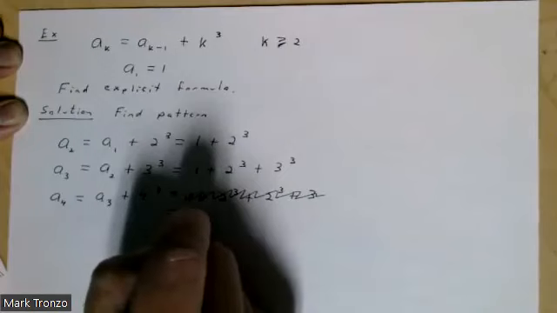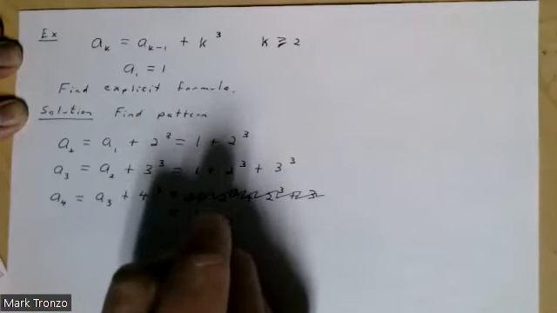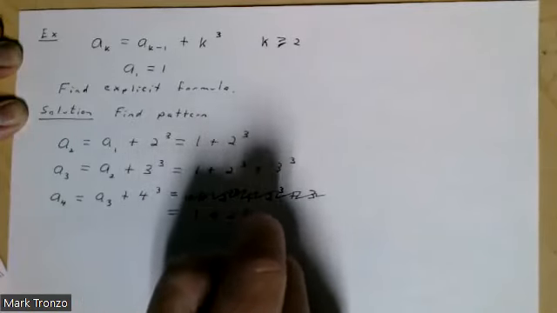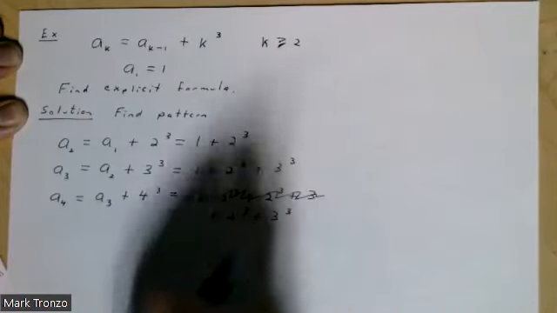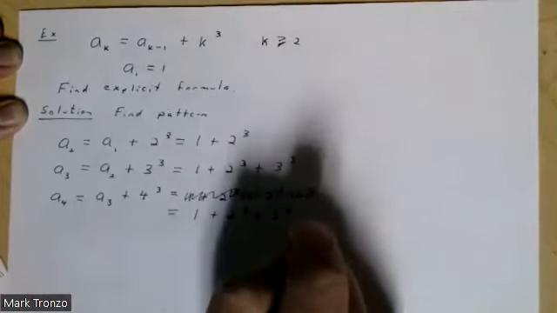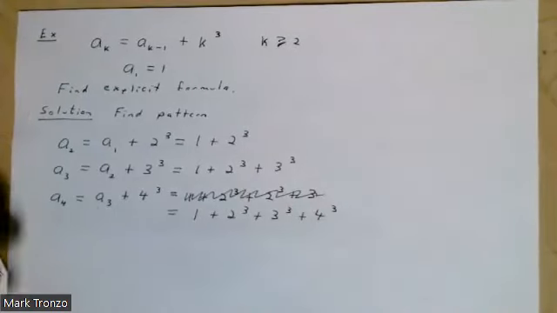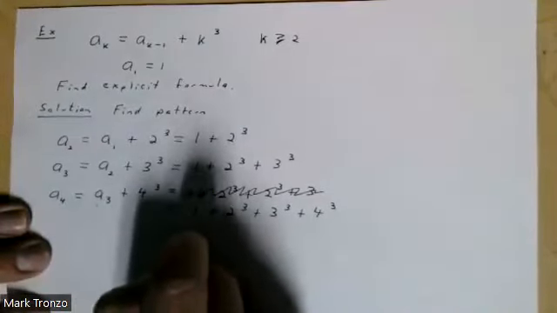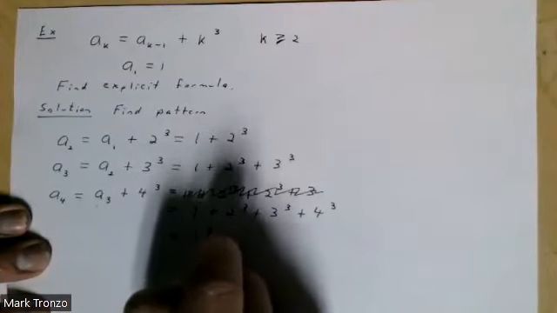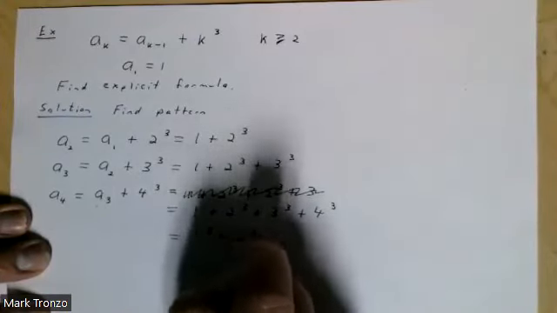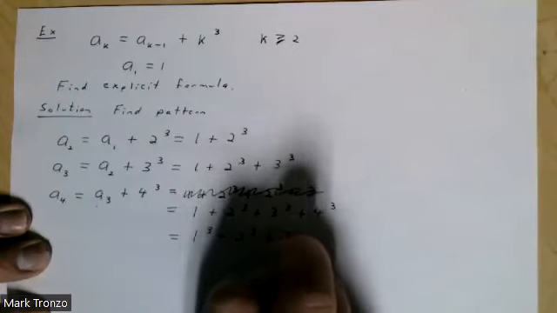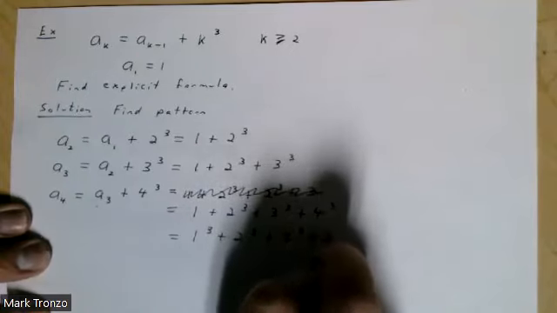This is 1 plus 2 cubed plus 3 cubed. That was a 3 and plus 4 cubed. And of course, this can be written as 1 cubed plus 2 cubed plus 3 cubed plus 4 cubed.